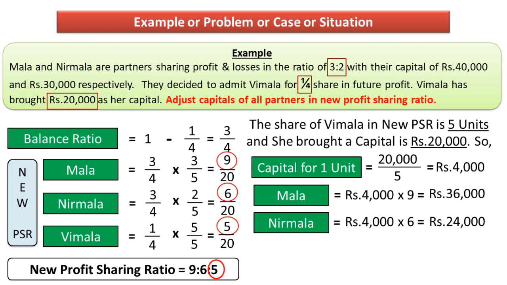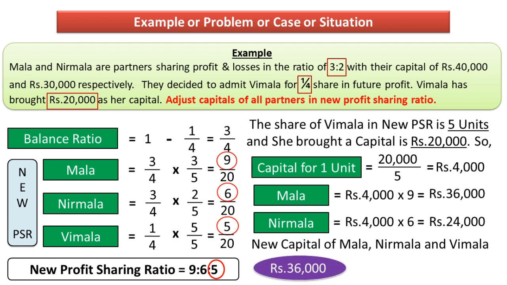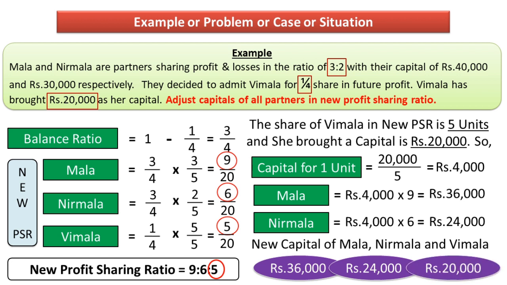So here we have got new capital of Mala, Nirmala and Vimala: rupees 36,000, rupees 24,000 and rupees 20,000. You can refer video number 1 on final account for the further study of calculation of balance ratio and new ratio. Let us go ahead.